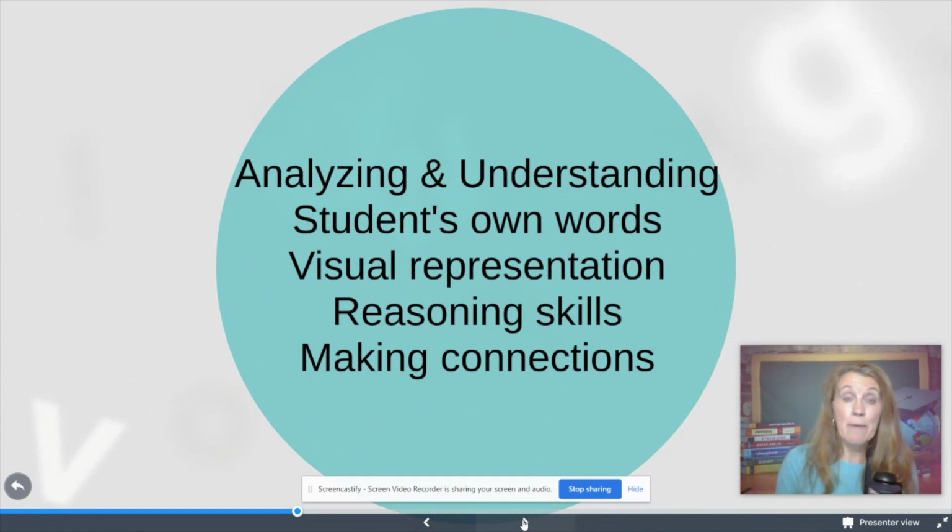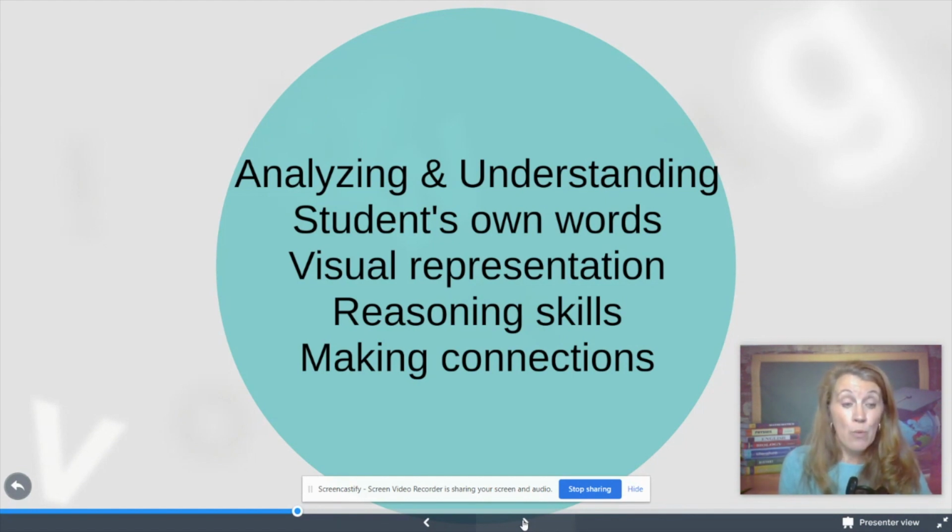And in this particular strategy, students will be analyzing and understanding text complexity, learning new vocabulary by defining terms with the student's own words, contextualizing vocabulary through authentic examples and visual representation, using problem-solving and reasoning skills to match up terms with definition and symbolic representation.